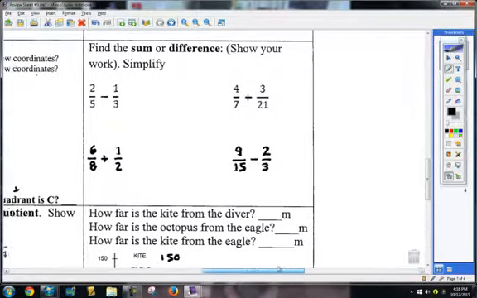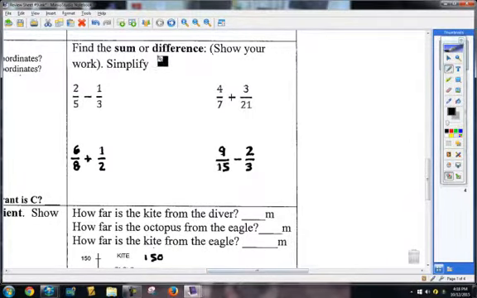Finding the sum or difference, I absolutely need work here. 100% need work. And that work would be finding a common denominator. So you'd have to figure out what common denominator. Remember, that's called the LCD, or sometimes I'll call it the QCD.